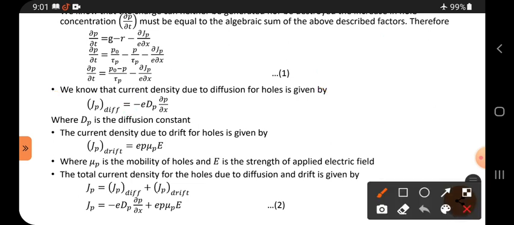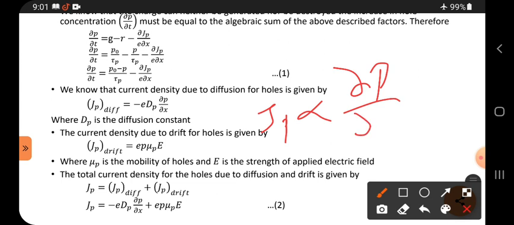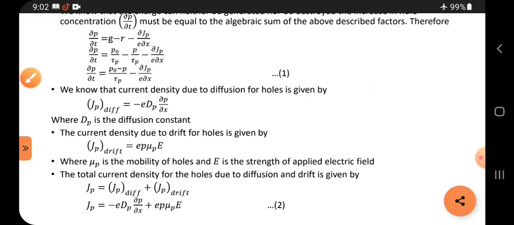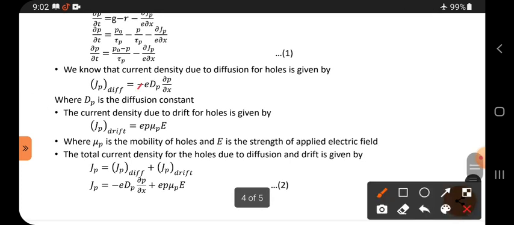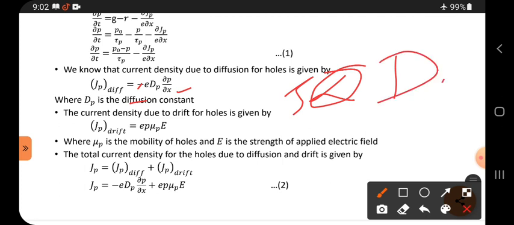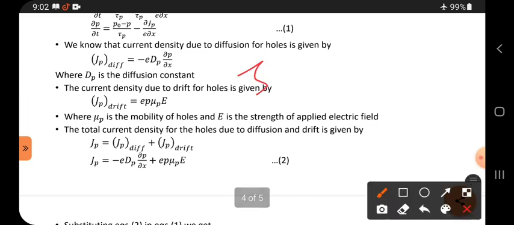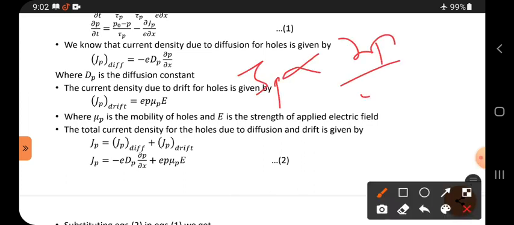Here, j, the current density, is directly proportional to dou p by dou x.